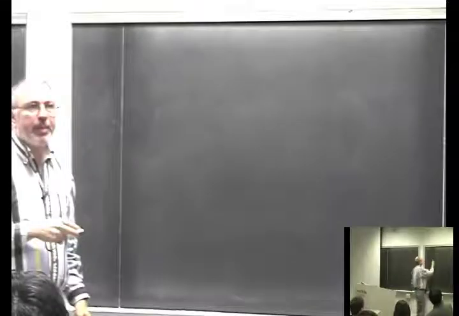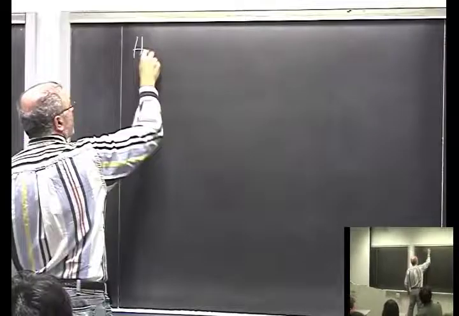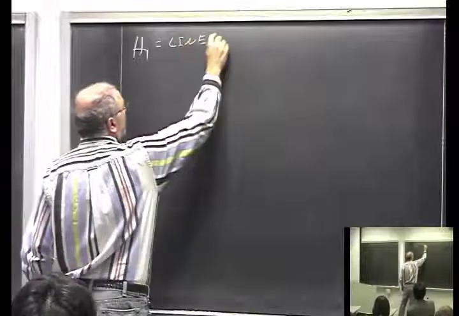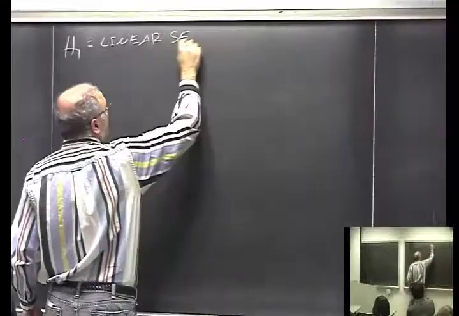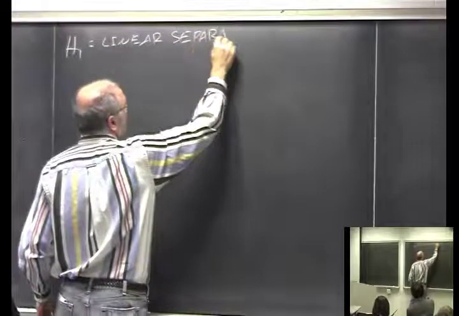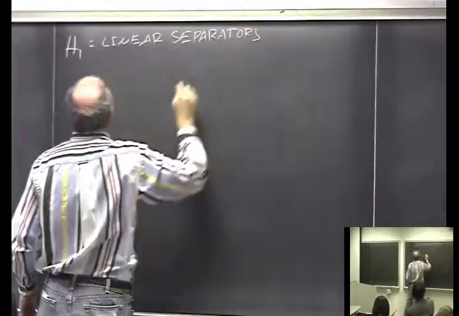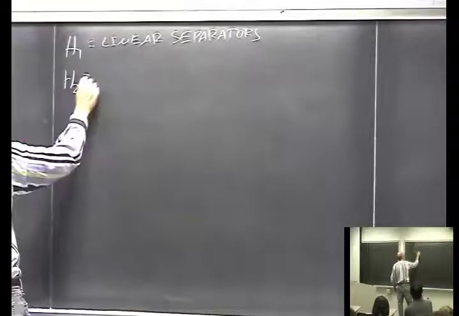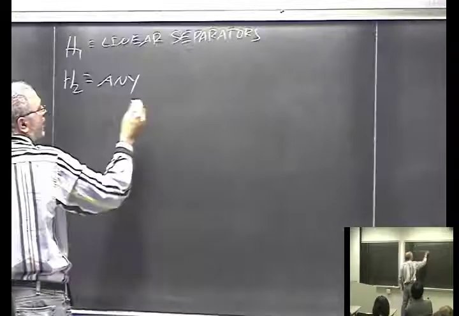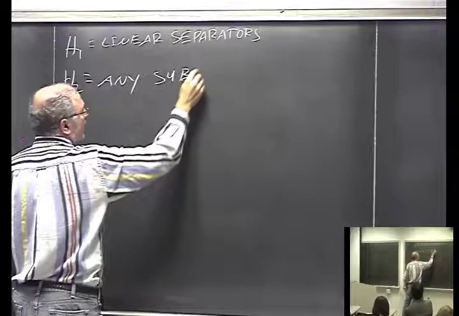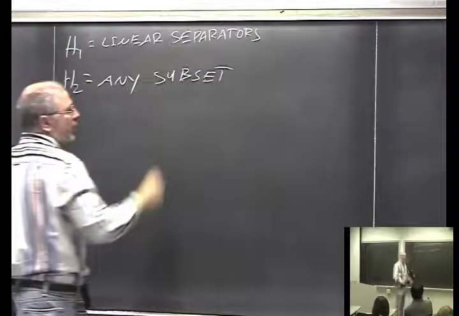So here's an example. The input space is two-dimensional. So it's this board. One hypothesis space is the linear separators. And the second hypothesis space is any contiguous subset of the space.